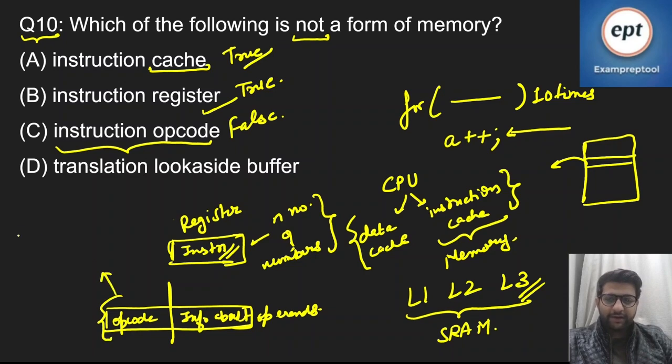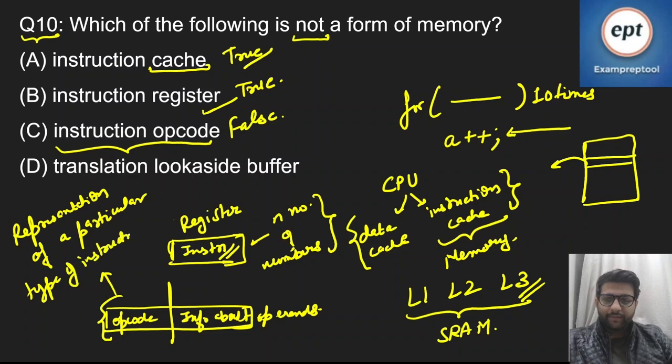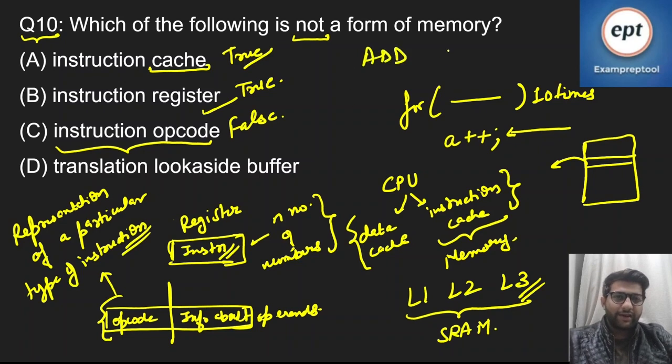It is just a representation of a particular type of instruction, right? Let's say if the CPU supports the add instruction, it will have, let's say, a 4-bit opcode which will be used by the CPU to identify that this particular instruction is an add instruction, right?